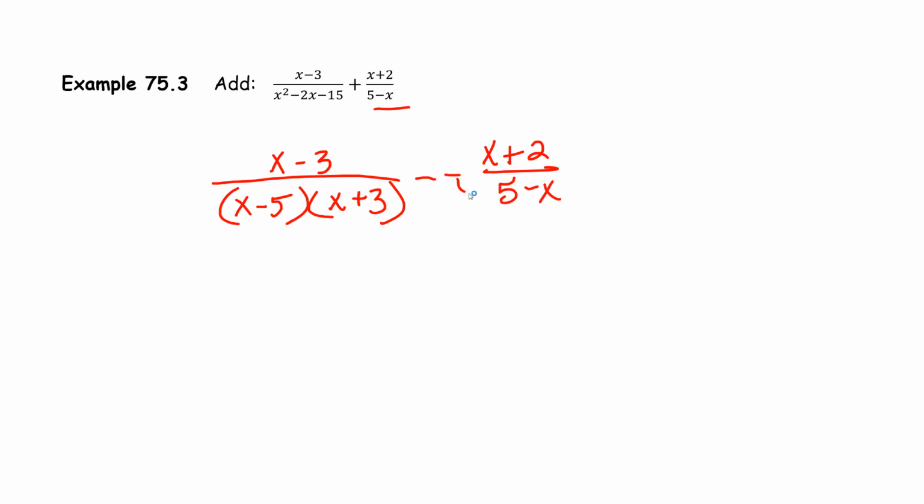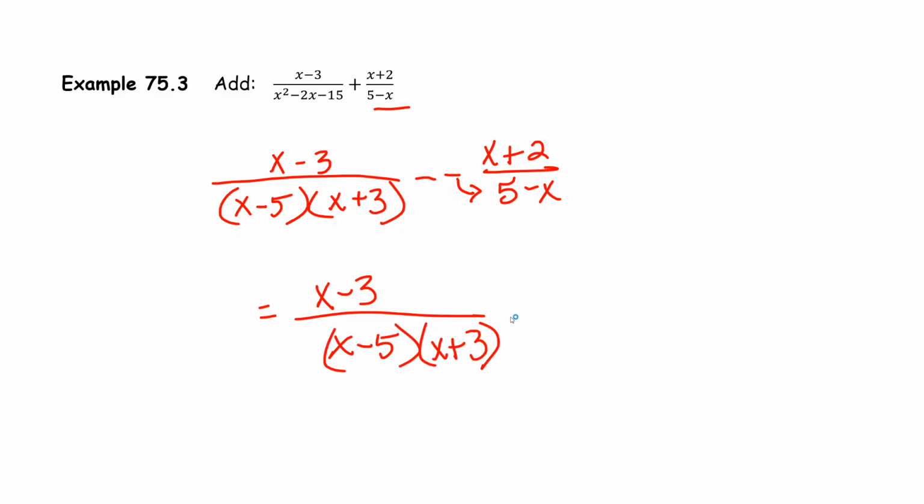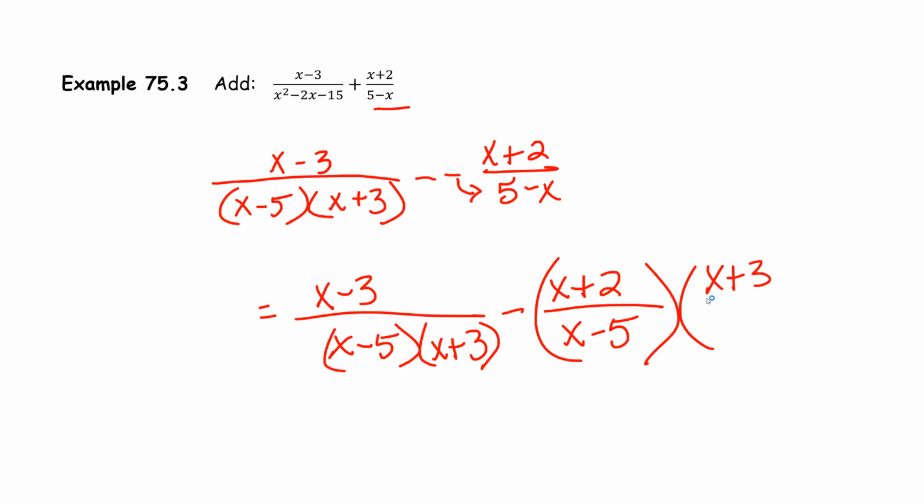And I'm going to distribute this down into the denominator. So that is going to be (x − 3)/((x − 5)(x + 3)). And then minus (x + 2) over the opposite of that denominator, which is x minus 5. And now I just need to multiply this fraction by (x + 3)/(x + 3), and I'll have a common denominator.